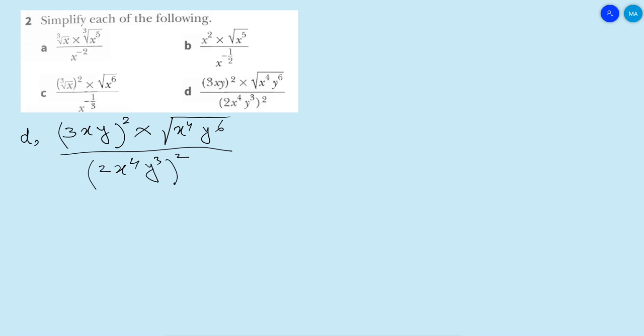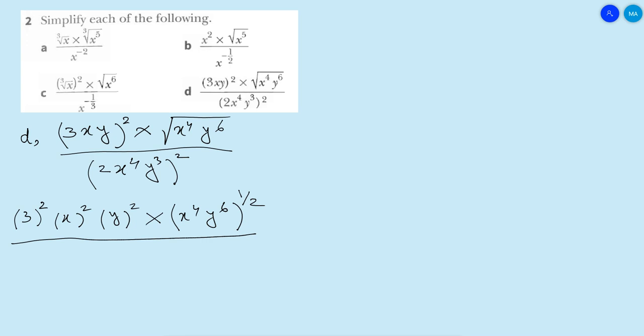According to the rule of indices, we have to apply this square on 3, x and y. So it will be 3 square into x square into y square, multiplied by x^4 y^6 with the square root, that is power 1 upon 2, upon.